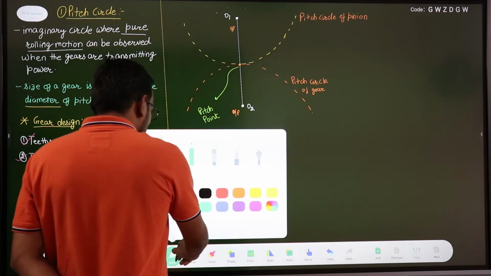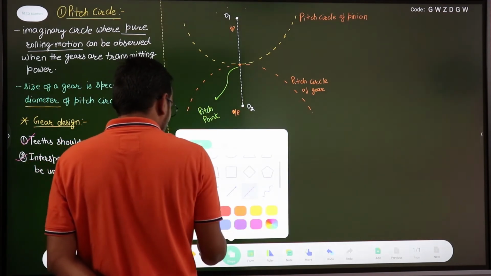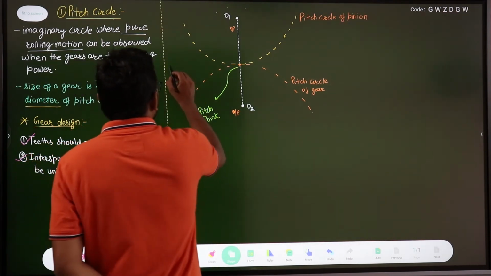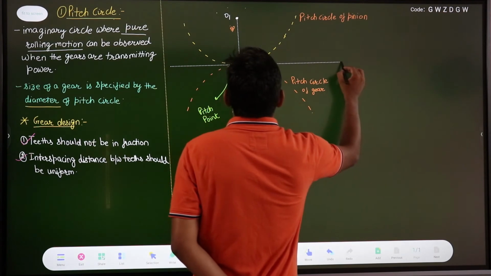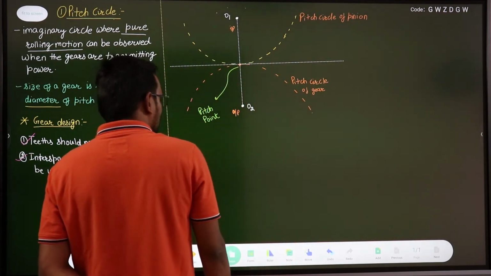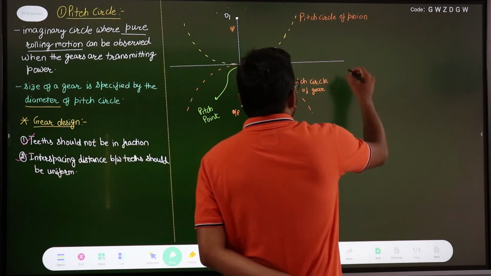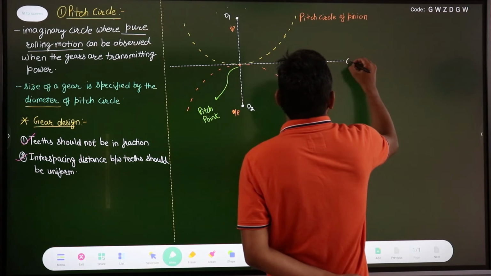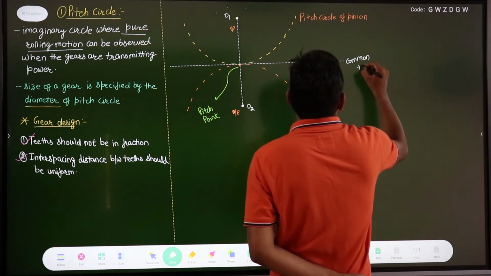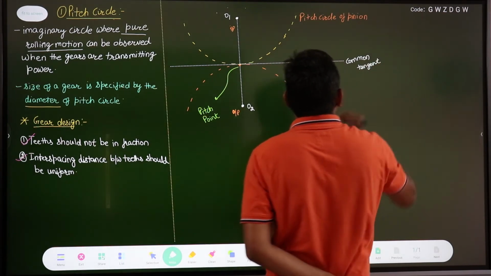Now if I draw a common tangent at this pitch point, common tangent to both of the circles, suppose this is the common tangent at the pitch point.